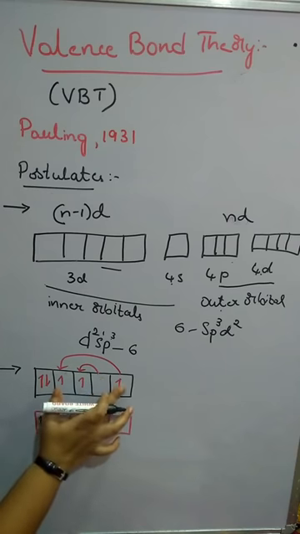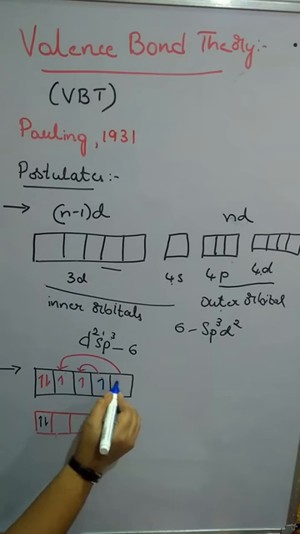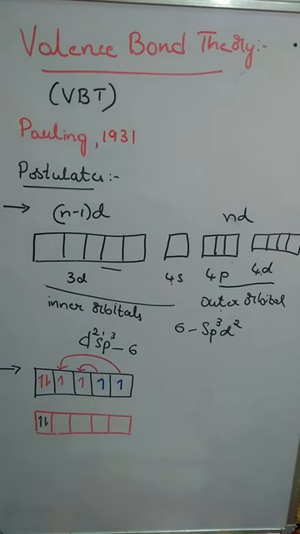We'll do one thing so that it will be easy for you to understand. The electronic configuration may change like this. And this is not going to happen in all the orbitals.